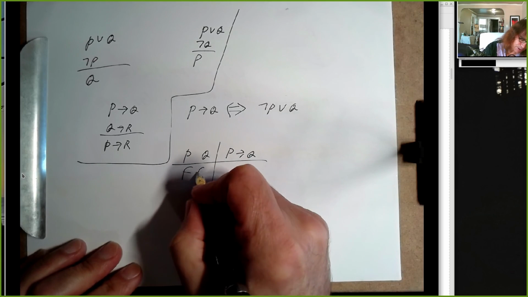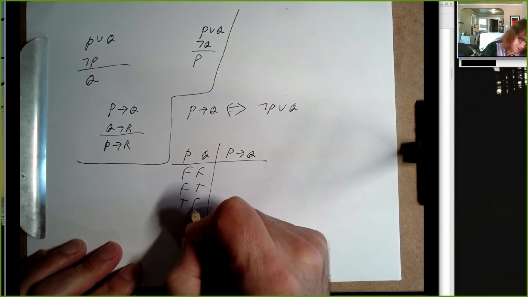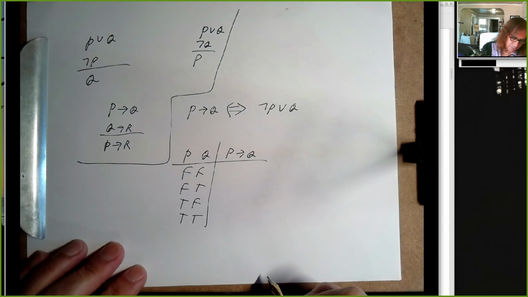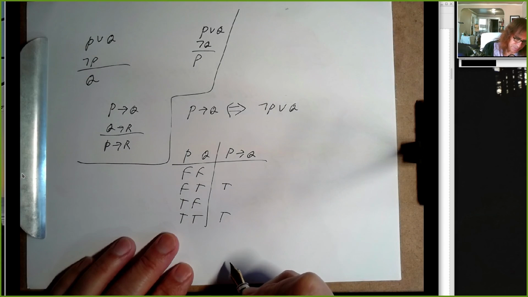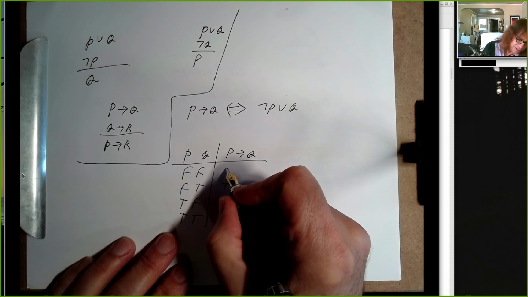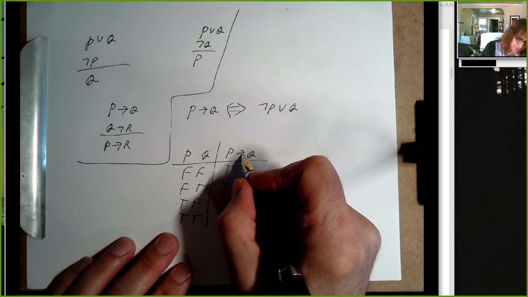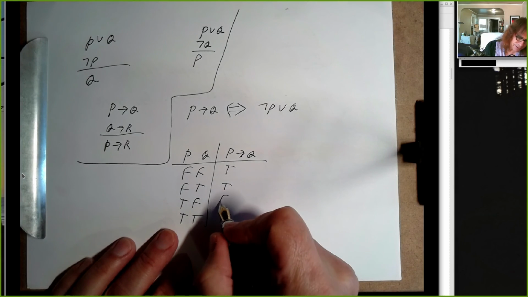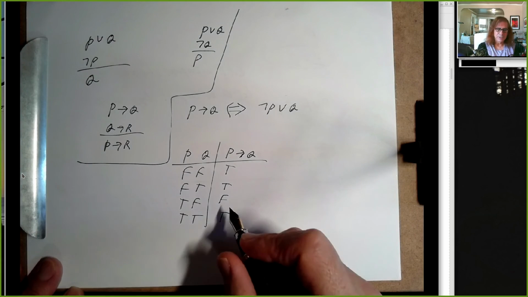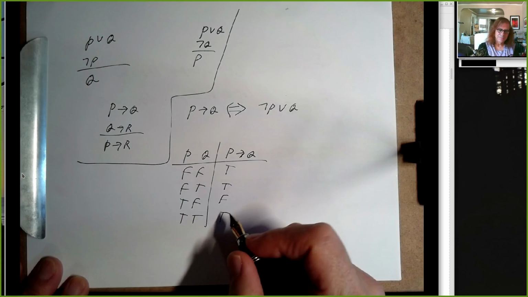We have to remember what the truth table looks like for a conditional statement. Basically, if the conclusion is true, the conditional is true. If the hypothesis is false, the conclusion is true. But the conditional fails if the hypothesis is true and the conclusion is false. So that's the only time the conditional is false.